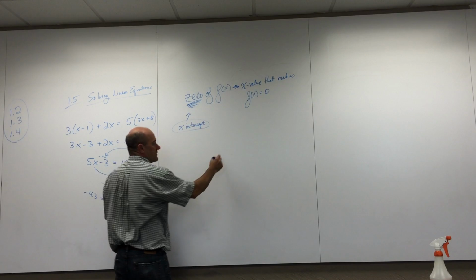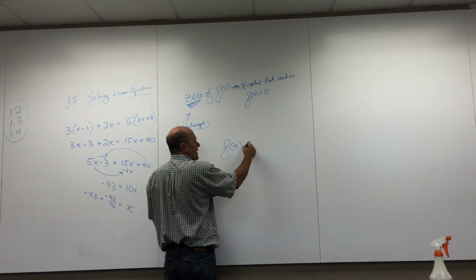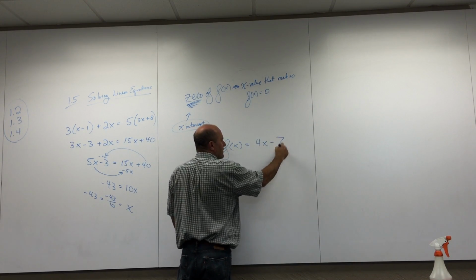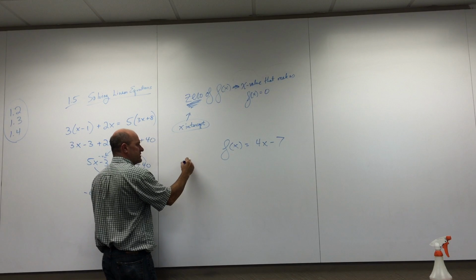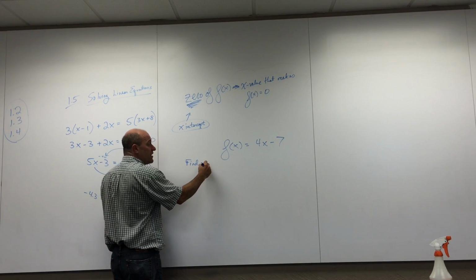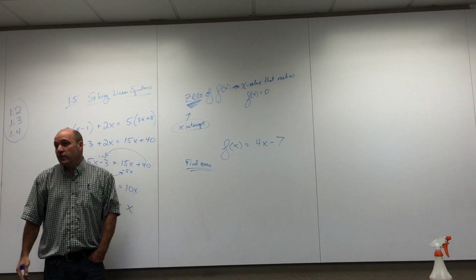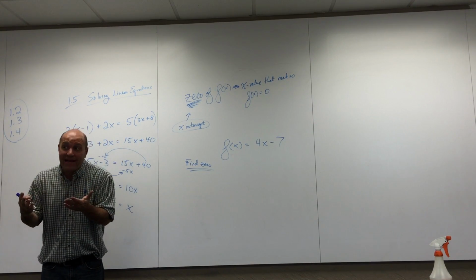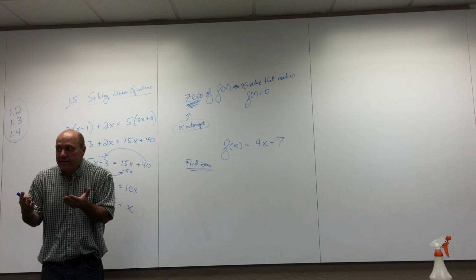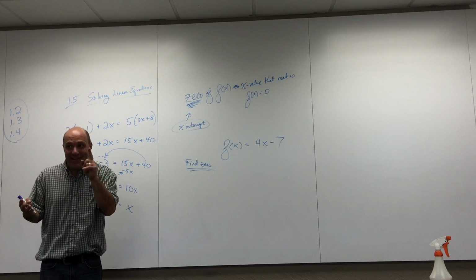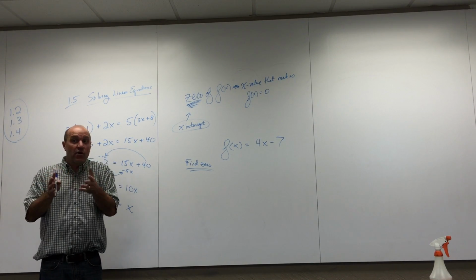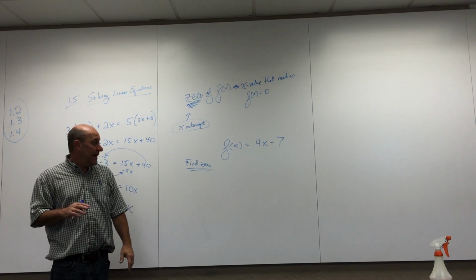So watch. Here's a function: f of x equals 4x minus 7. Find the 0, please. But students do get confused. I say find the 0 of this function, and what they'll do is plug a 0 in for x. That's not it. Plugging a 0 in for x is not what I want.